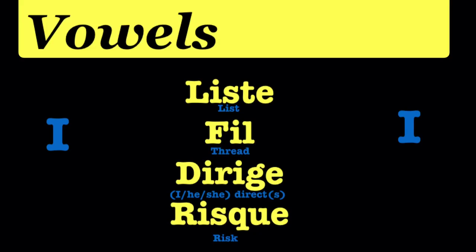Another thing to note about the pronunciation of the French I is that it comes from the throat. I, I, I. So let's take a look at some examples. Liste, file, dirige, risque. And a quick note, sometimes you'll see an accent circumflex over the letter I. This does not change the pronunciation. It will still be pronounced I.